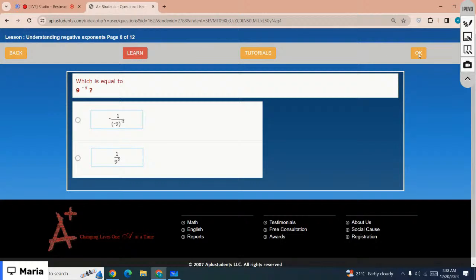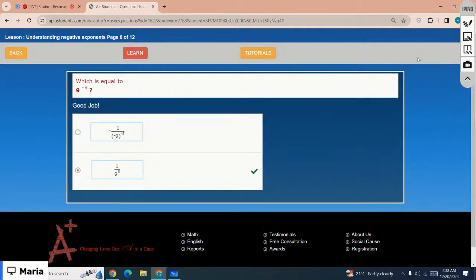The next one is which is equal to 9 exponent negative 5. You can write it as the second one, 1 over 9 exponent 5 is the correct option, right?